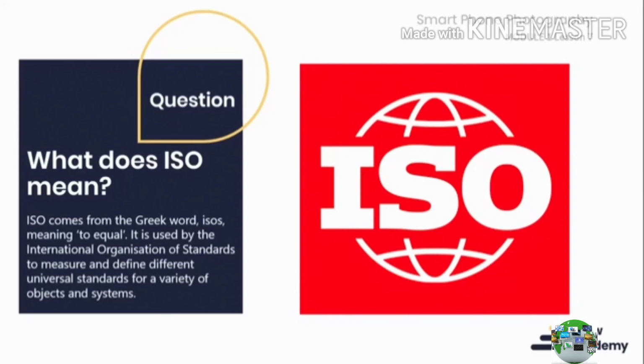But the word is actually a word, isos, which means to equal. It's a Greek word. So ISO comes from this word, to equal, and if you're to be completely pedantic about it, it should be pronounced "eye-so." It's a word, not an acronym. Okay, now that said, I still say ISO.